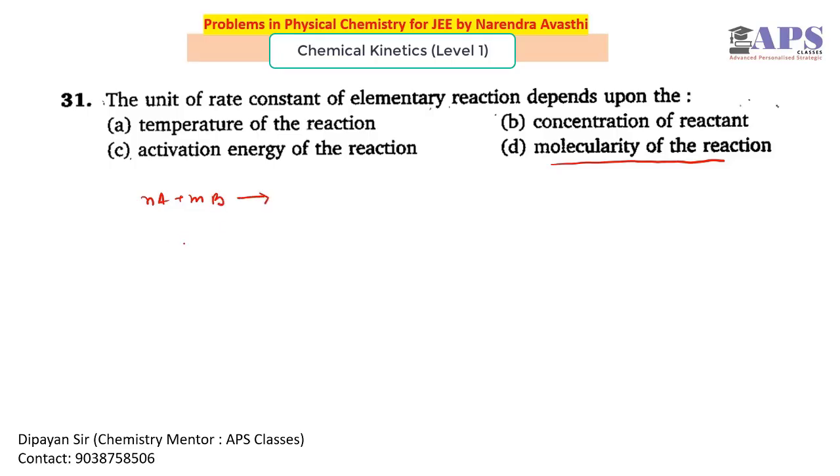Then the rate of the reaction will become K, A to the power n and B to the power m. So n plus m will become the overall order of the reaction, and the unit of the rate constant will depend on the overall order of the reaction, not on temperature, activation energy or concentration of the reactant. So option B, D will be the correct option.